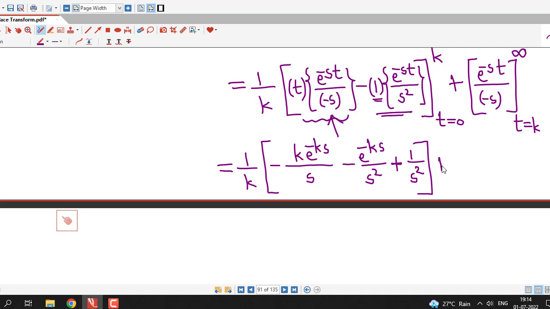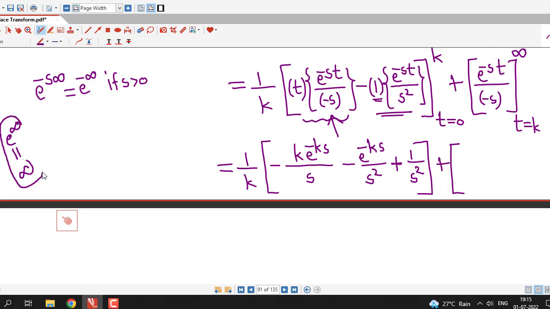And here if we put t equal to infinity, the upper limit, we will have e raised to minus s into infinity, and this is going to be e raised to minus infinity if s is positive. If s is negative, it will be e raised to infinity, that is going to be infinity, and that is not of our interest. We are interested in the finite values.